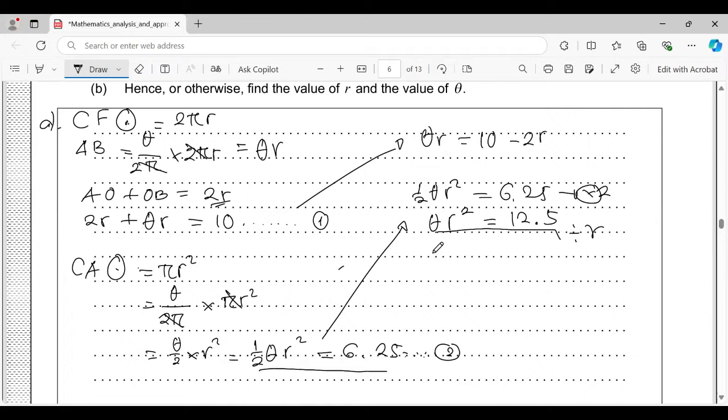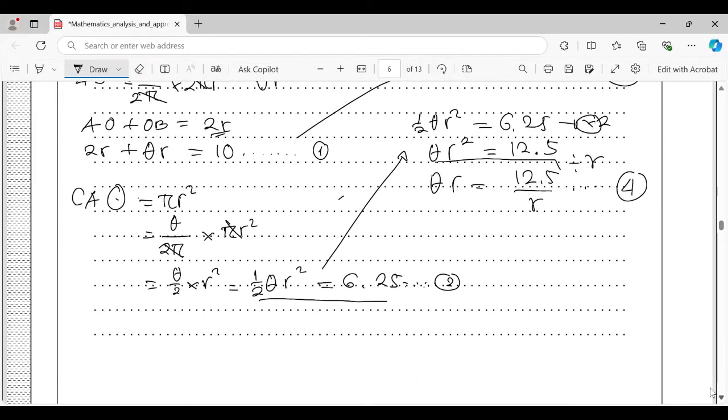It's going to be theta r equals 12.5 over r. This equation is the third equation, and this equation is the fourth equation. Okay, let's continue with the third and the fourth equation.